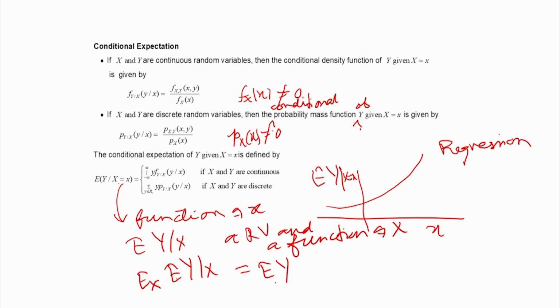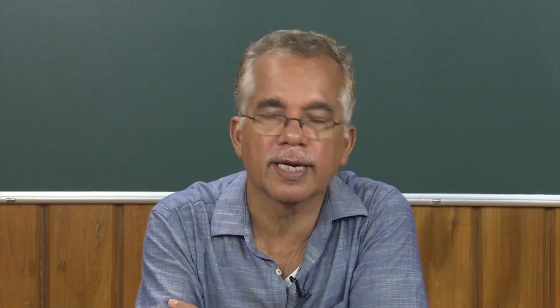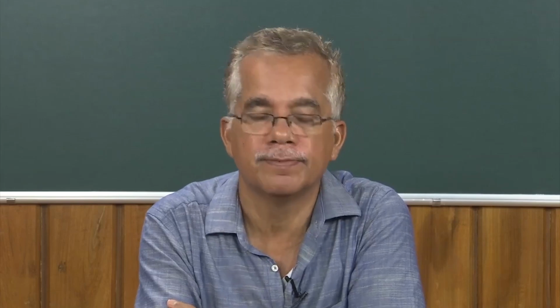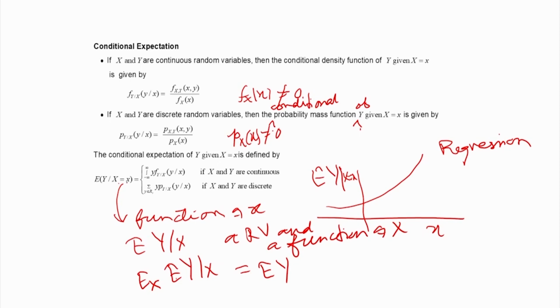So, we discussed conditional expectation E of y given that x is equal to small x, and also we discussed that considering x to be variable, it is a function of x, and from this expected value, if we take the expectation again with respect to x, we will find E of y.